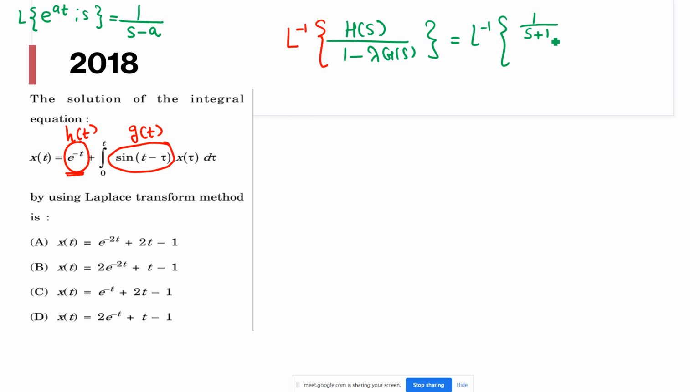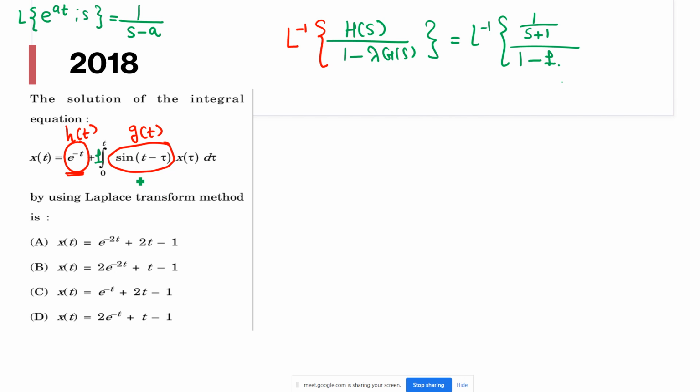Is it okay? Are we going correctly? Divided by 1 minus the value of lambda over here, which is 1, times g of s, that is nothing but the Laplace of sine.